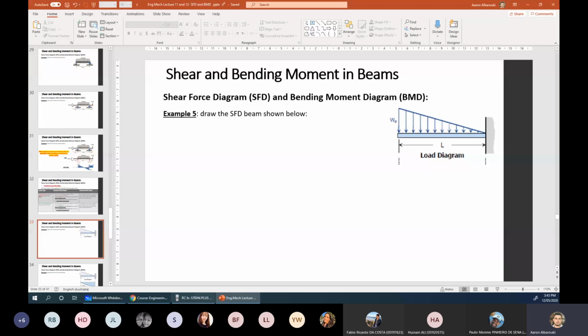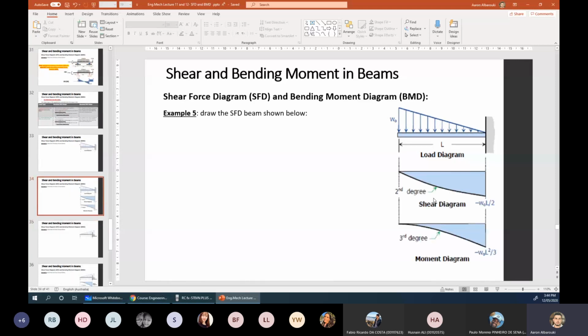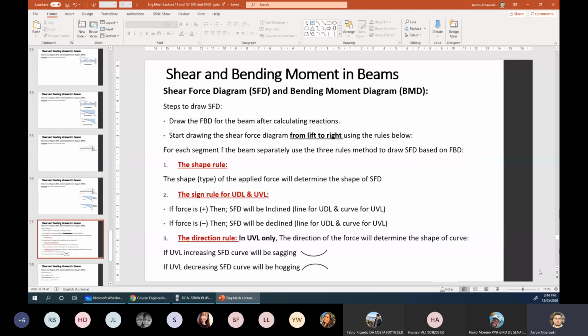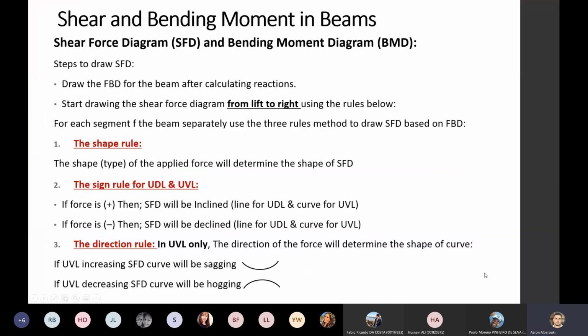Okay. Now, let's go back to simplify things without worrying too much. Now you understand all of the processes that we went through, and now I'm telling you my personal method. If I want to draw any shear force diagram or bending moment diagram, let's focus on the shear force diagram for now.